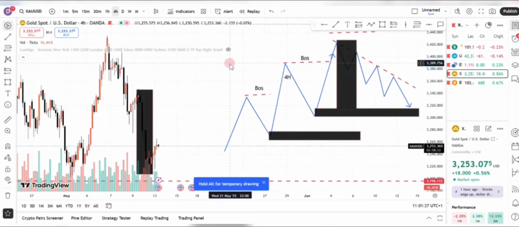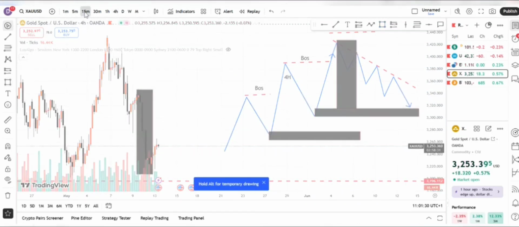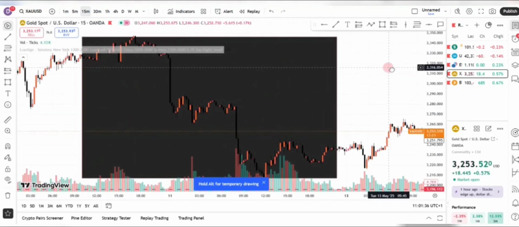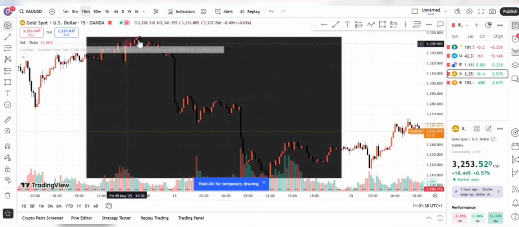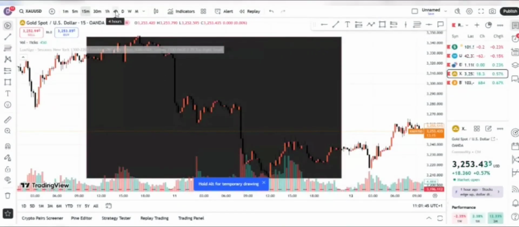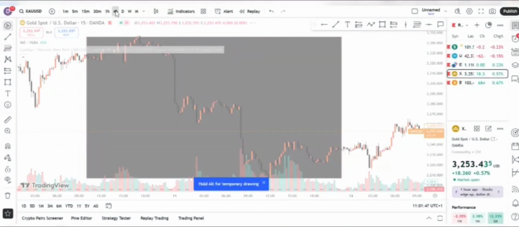Let's go to the 15 minutes time frame. What do you notice on the 15 minutes time frame? You can see price coming down, ranging, coming down, ranging, and coming down. Right? Good. So that's 4 hours. Let me go back to 4 hours.